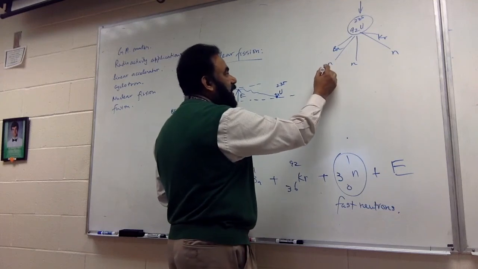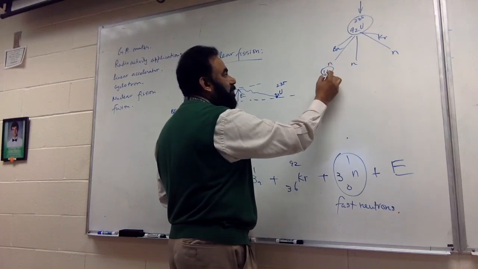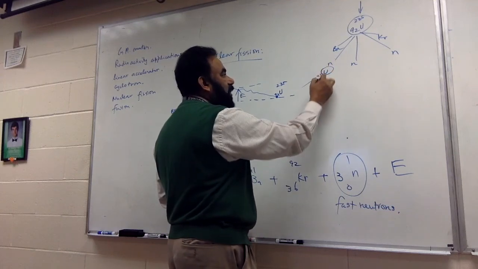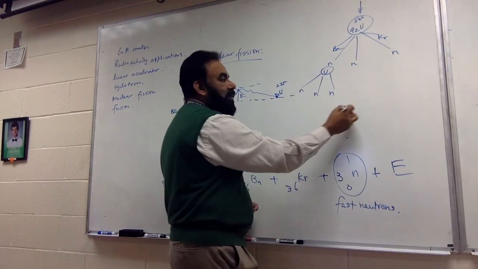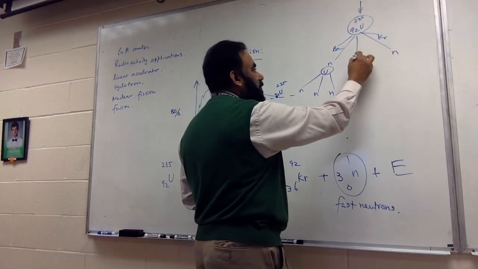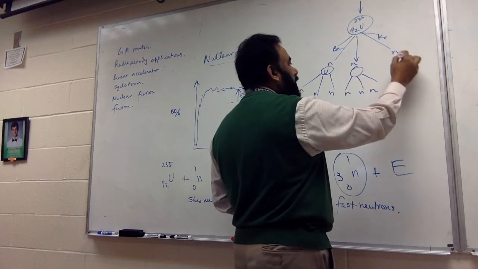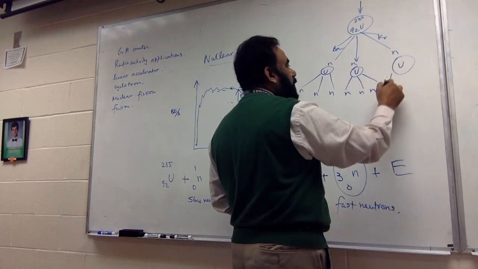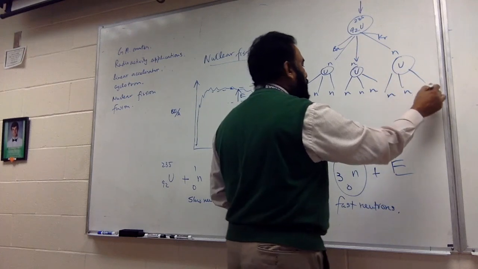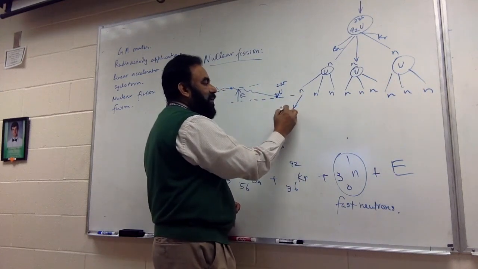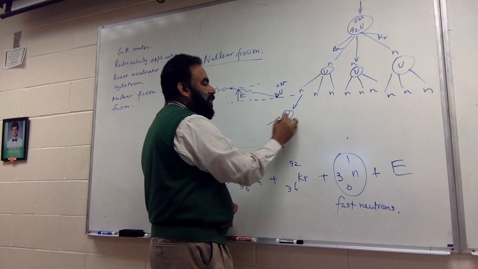Now these will go and hit another uranium and produce 3 more neutrons. And this will hit another uranium and produce 3 more neutrons. And these 3 will go and hit other uraniums and produce 3 more.